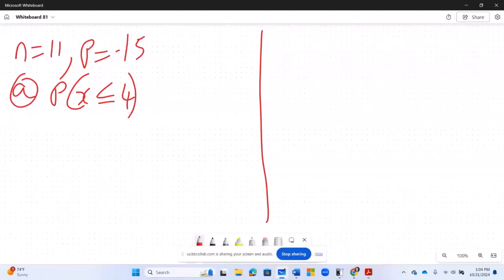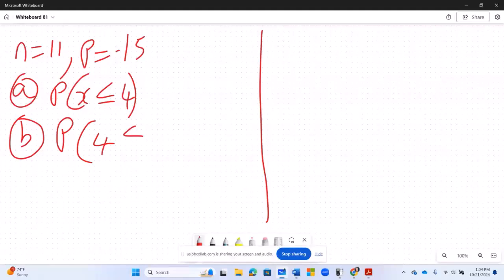Suppose I'm told to find B, the probability such that 4 is less than or equal to x, and x is less than or equal to 9. Note that I have less than or equal to on both sides. Therefore, the extremes are included. And this is between.